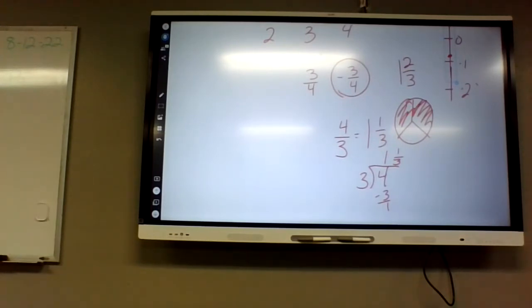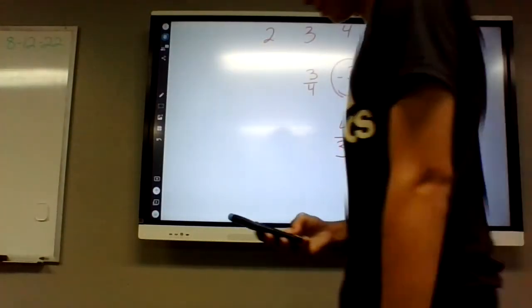Okay. If you have a TI, Texas Instruments, some of them look different than this, that's Texas Instruments. It looks like ABC is a fraction button. So you would hit that between the 4 and the 3. You'd hit 4 fraction button 3.